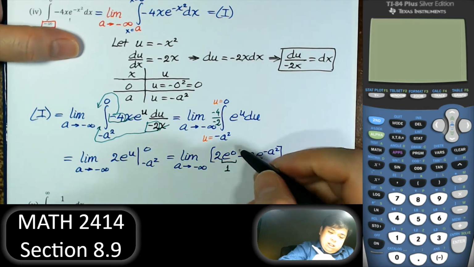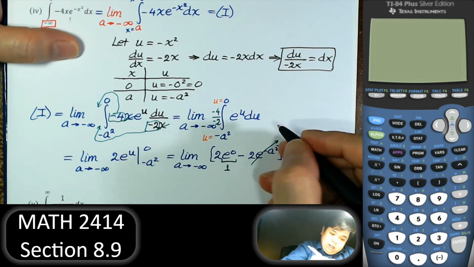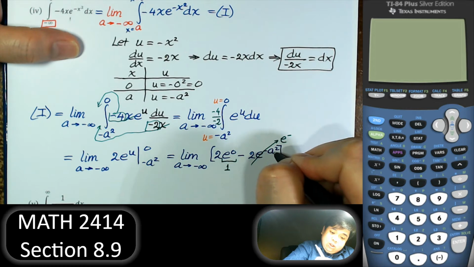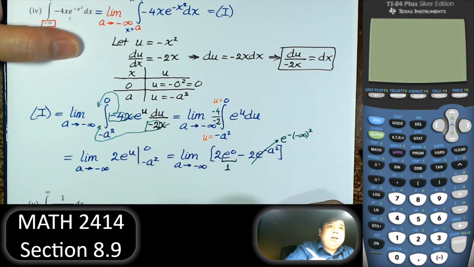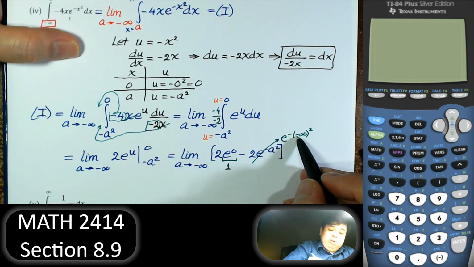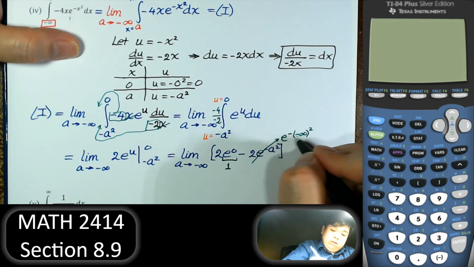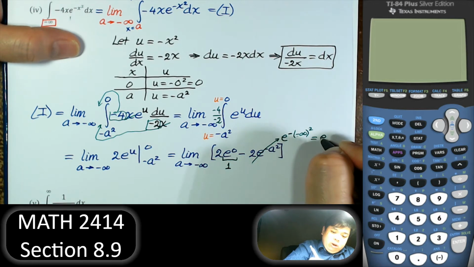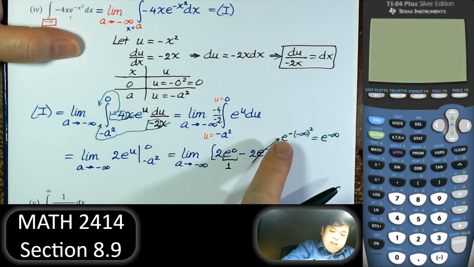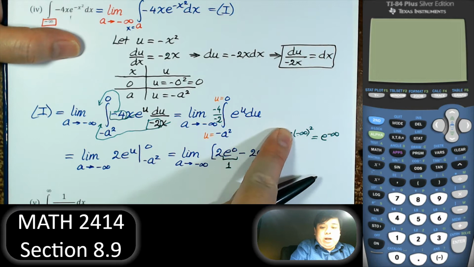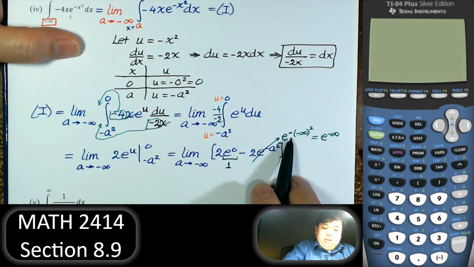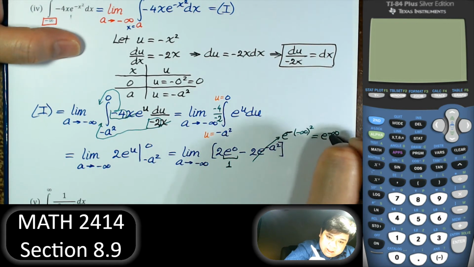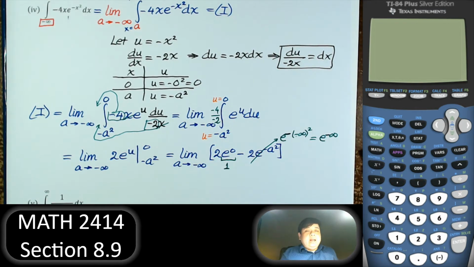And then what is this? Essentially we have e to the negative a squared. a is negative infinity squared. Negative infinity squared is positive infinity, with an extra negative, so we have e to negative infinity. Now what is e to negative infinity?